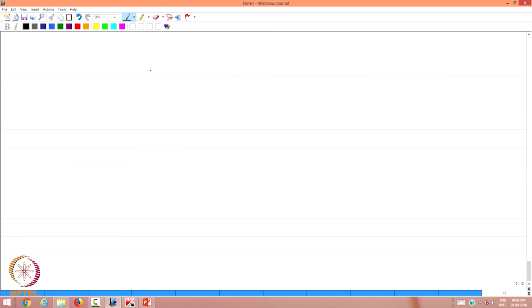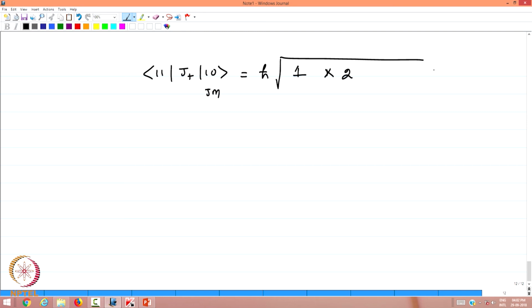So, let us see the 2 elements that we have to calculate. 1 1 J plus 1 0 is obviously h bar, J minus m which is 1, this is J m, J plus m plus 1 which is 2, and the state is 1 1. Now, it is taken as a scalar product with the state 1 1, therefore, the answer is root 2.